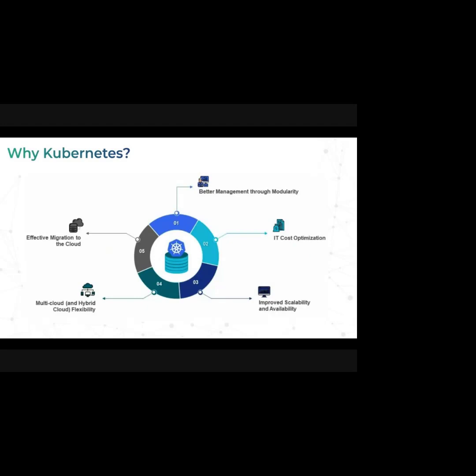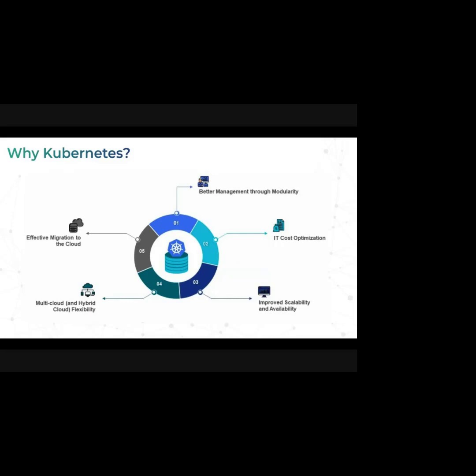Moving on to the next, I'll quickly glance at better management. You should use Kubernetes very aggressively when you have a microservice architecture. IT cost optimization: I don't see a big difference between Docker and Kubernetes; this is a difference if you talk about the virtualization perspective. Improved scalability and availability: this is for sure a boom.